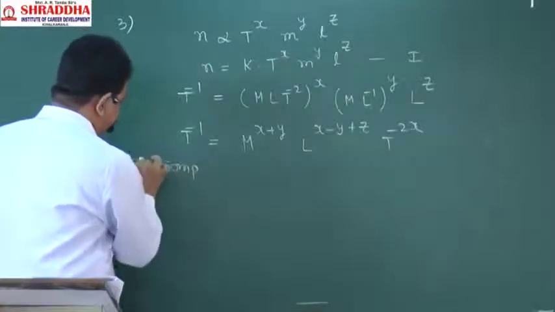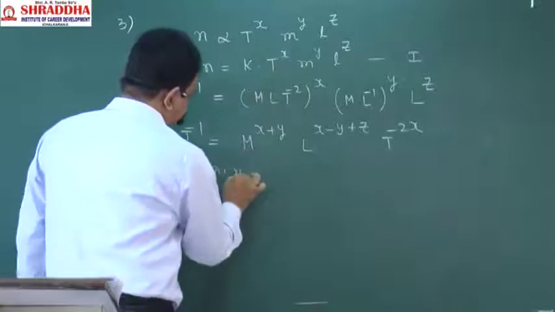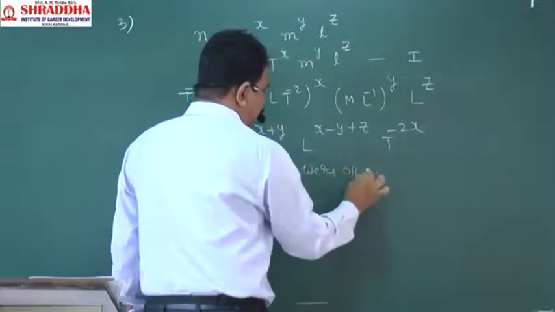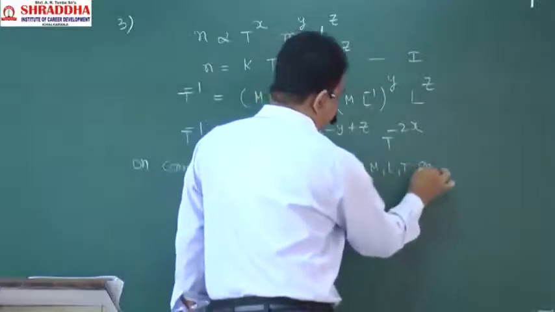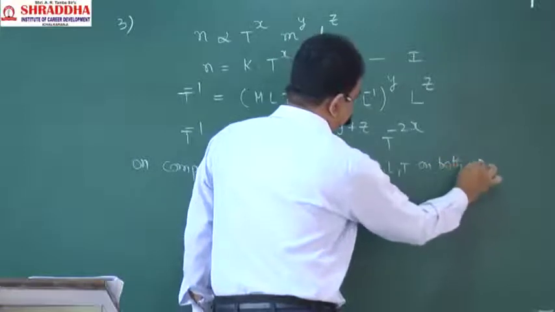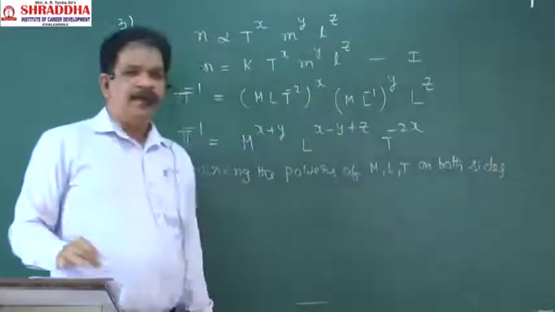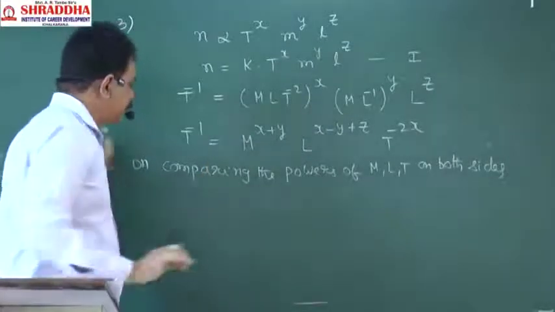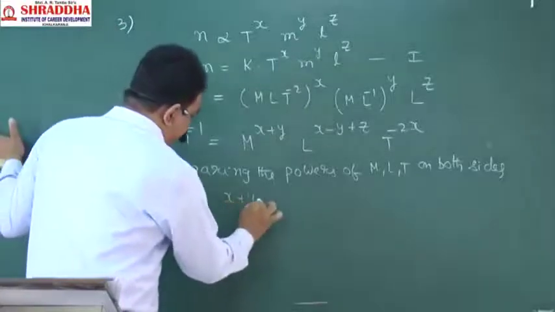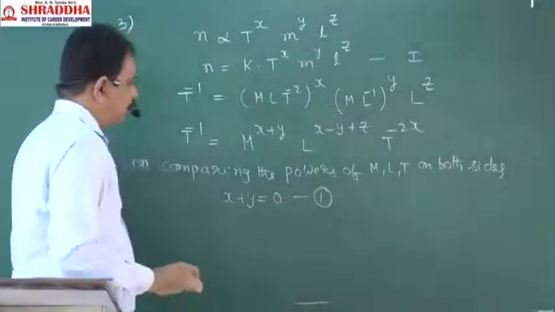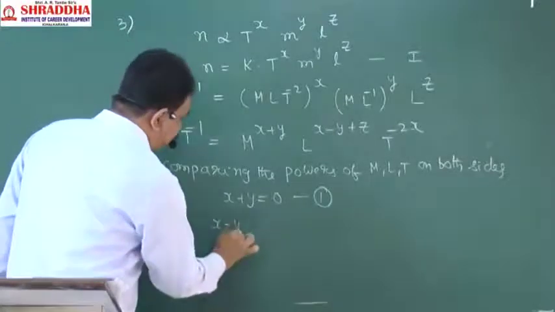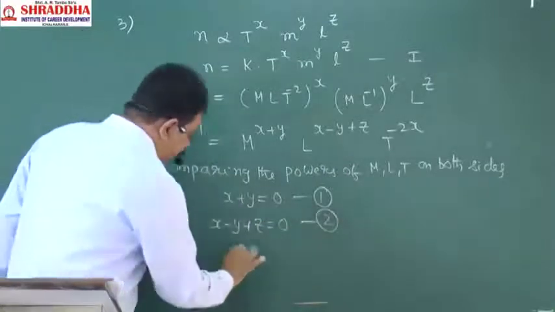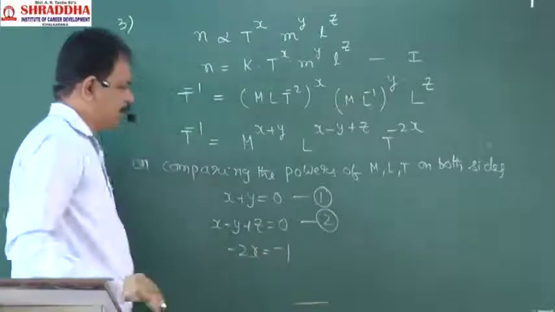Comparing the powers of M, L, T on both sides: X plus Y is equal to 0, X minus Y plus Z is equal to 0, minus 2X is equal to minus 1.